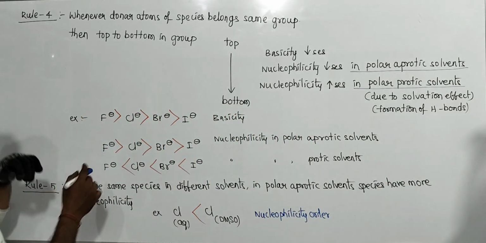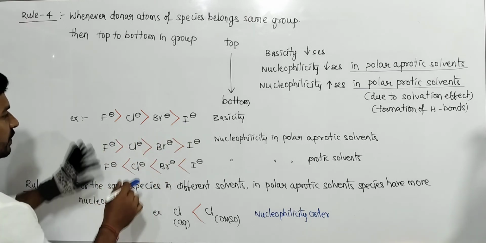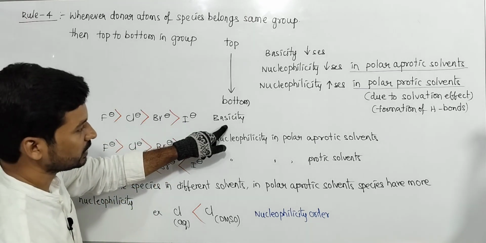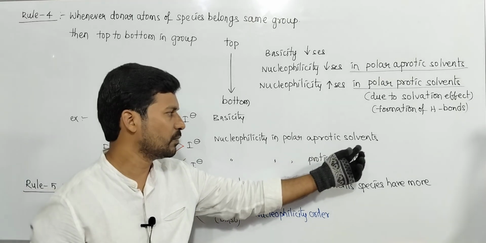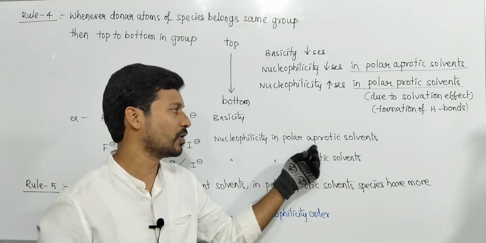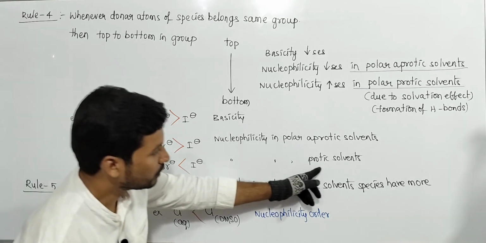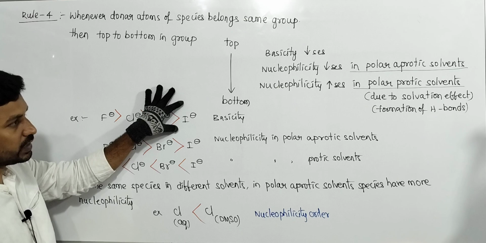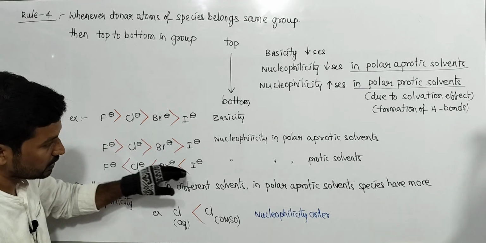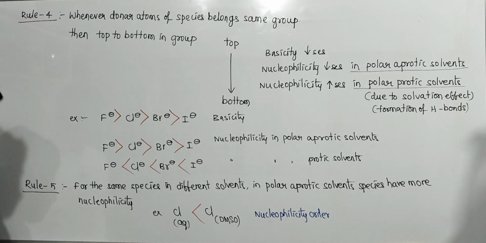Let's see an example: fluorine, chlorine, bromine, iodine belong to the same group. In a group from top to bottom, basicity decreases and nucleophilicity in polar aprotic solvent decreases, but only in polar protic solvents does nucleophilicity increase.